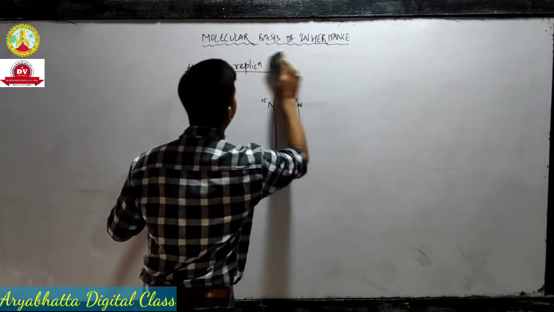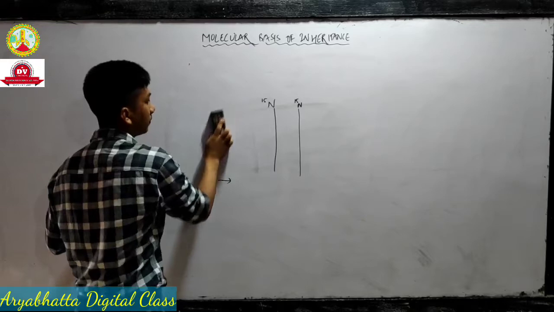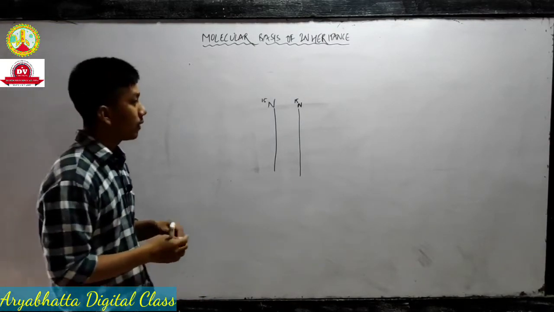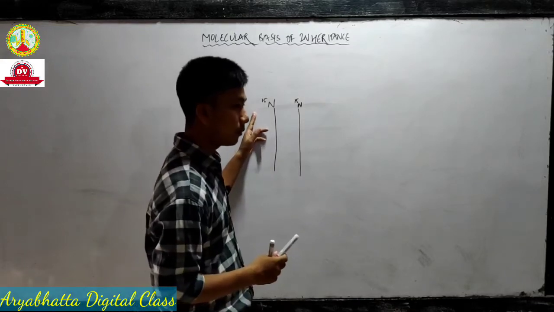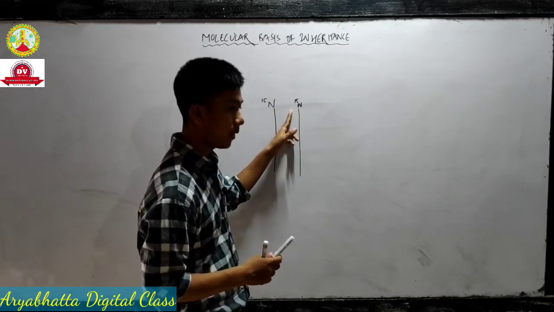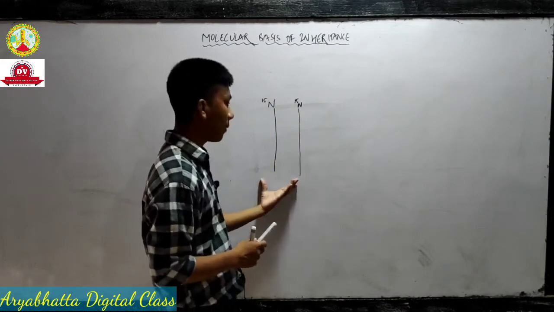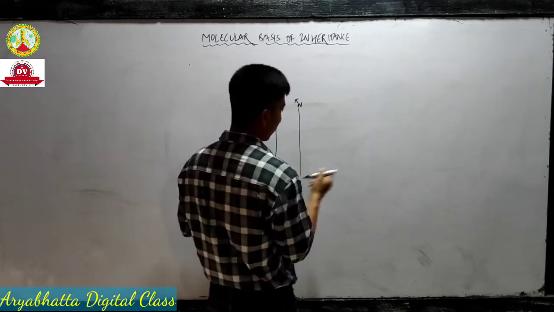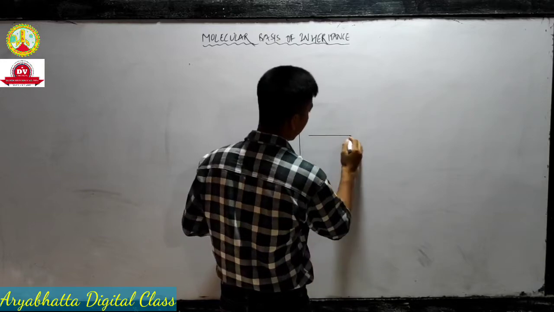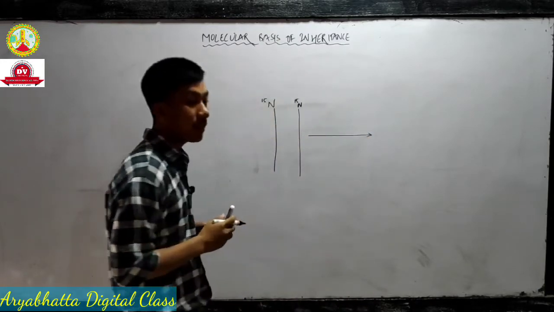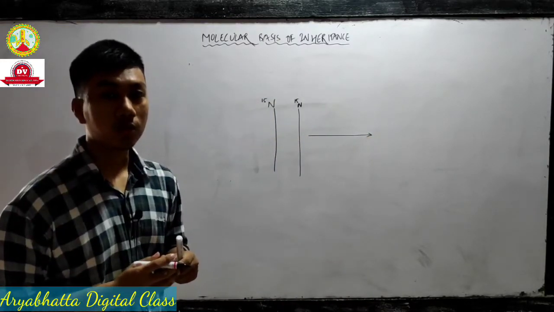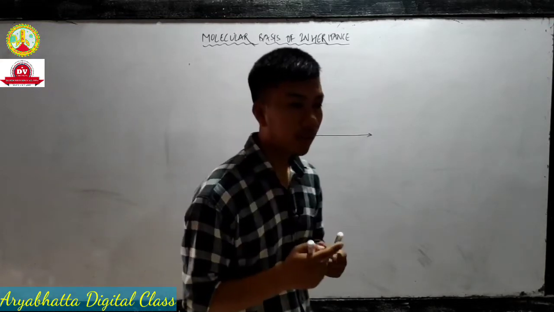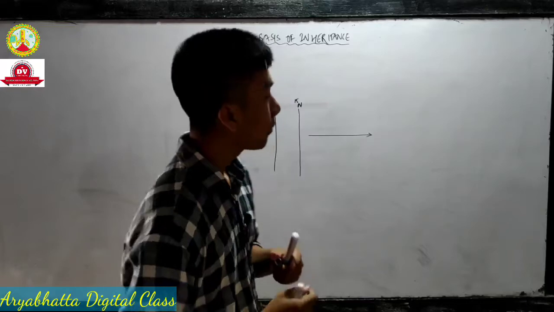Let me write this one also. N15 and N15, that is the heavy nitrogen. This is the bacterial DNA. Then they again allowed them to divide, and we know that every bacterium divides after 20 minutes.